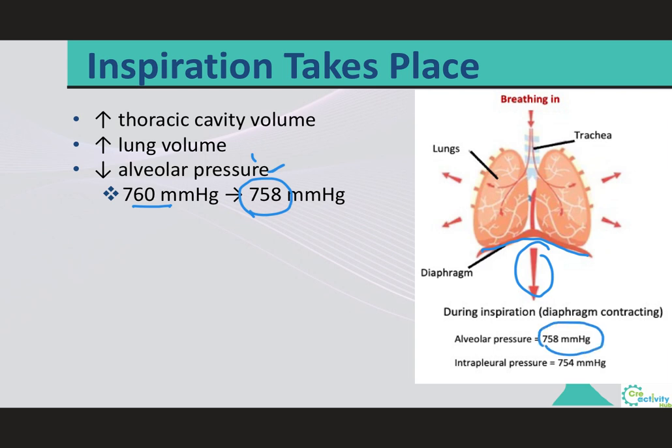And this pressure difference is established between the atmosphere and the alveoli. And because air always flows from a region of higher pressure to a region of lower pressure, inspiration will take place. So air continues to flow into the lungs as long as a pressure gradient exists.